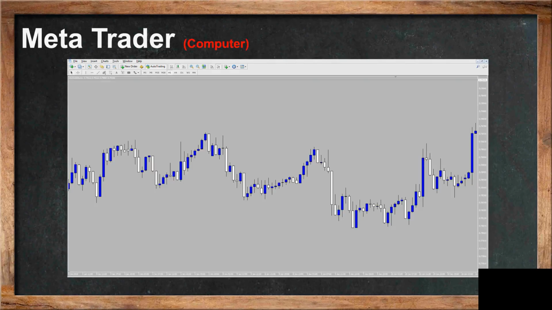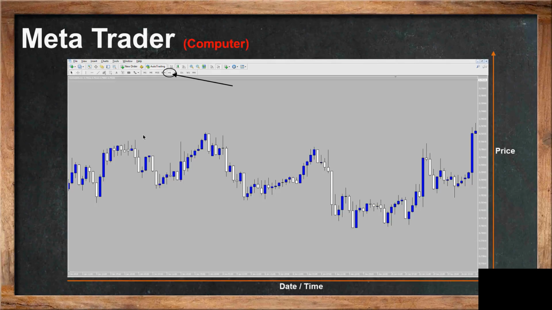Alright, just a quick MetaTrader familiarization for those who just started trading. At the bottom we have the X and Y axis. You need to understand that at the bottom is the date and time, and on the right-hand side is the price. The candles move from left to right over time, going up and down and changing the prices as well.